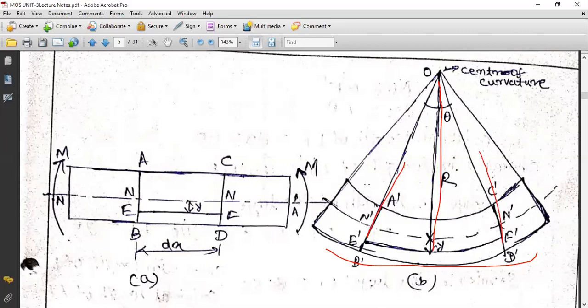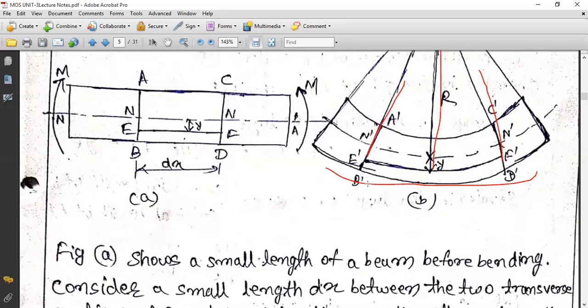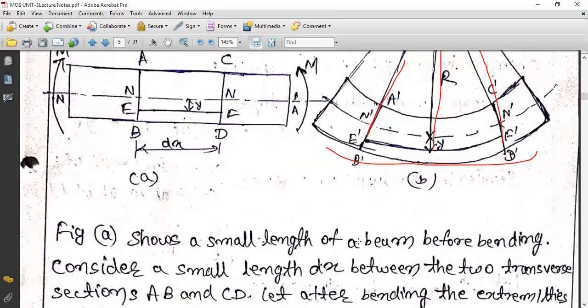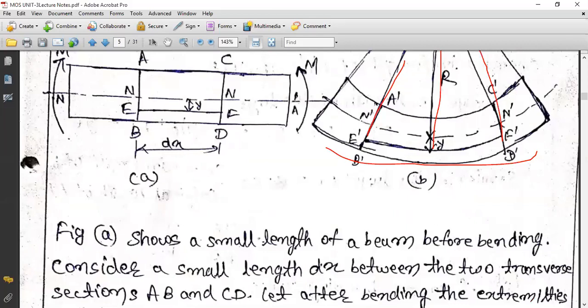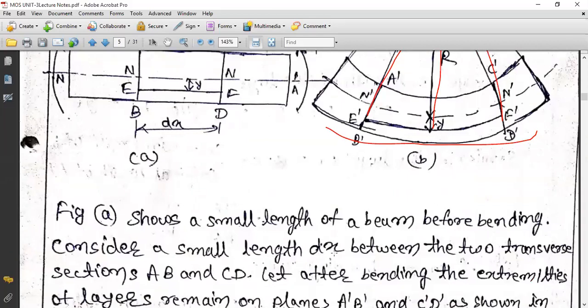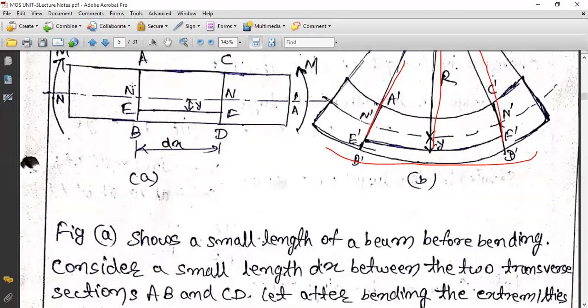Okay, understood this figure? Figure A shows a small length of a beam before bending, and consider a small length dx between two transverse sections. I already told you what a transverse section is.